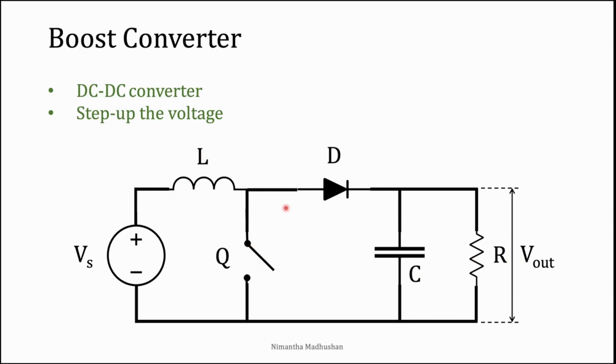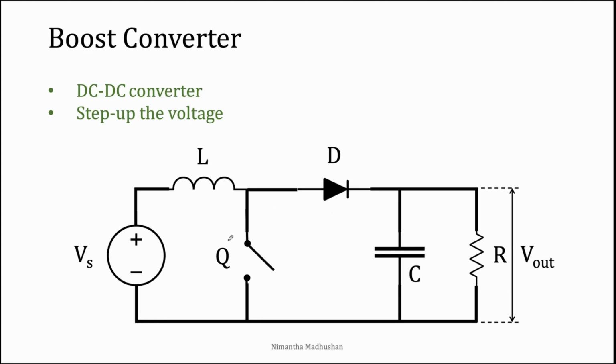In the buck converter also we have one inductor, one diode, one capacitor, one resistor and one switching element. Here also we have the same components. The only change is that the arrangement is different.